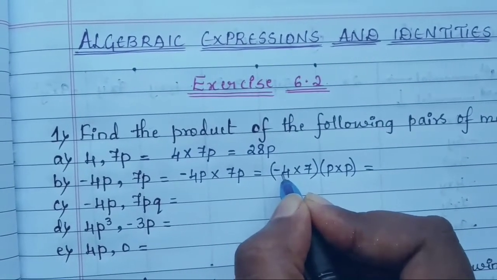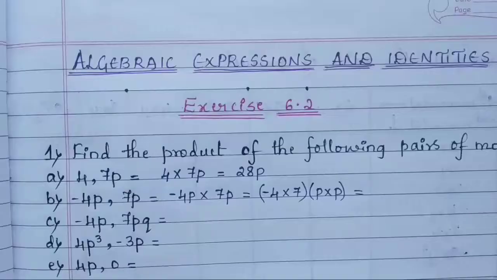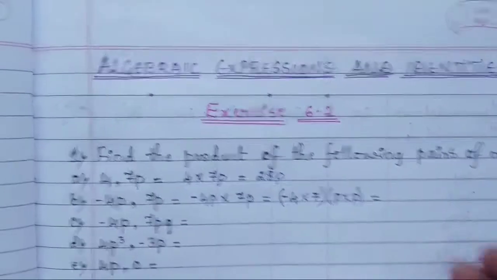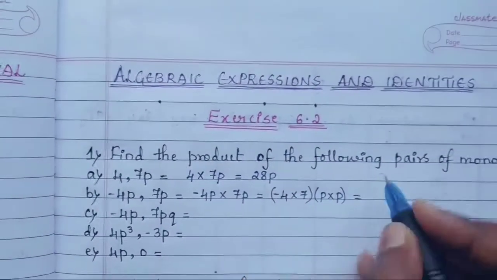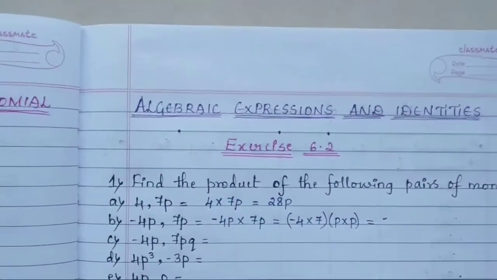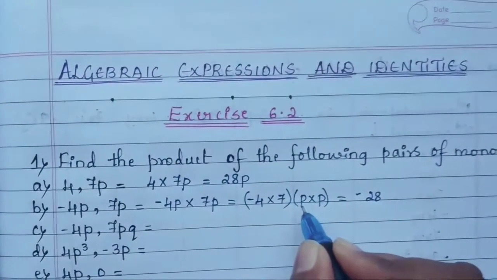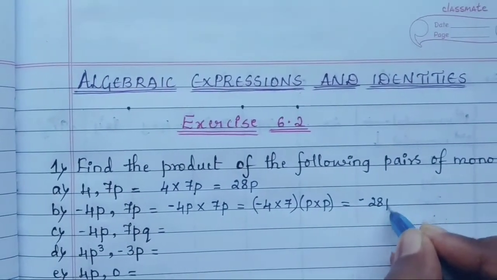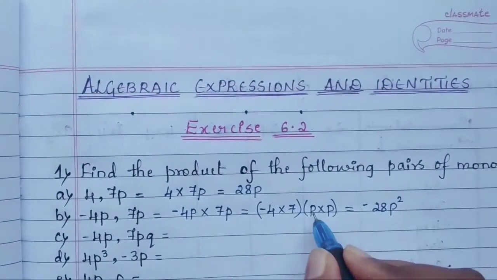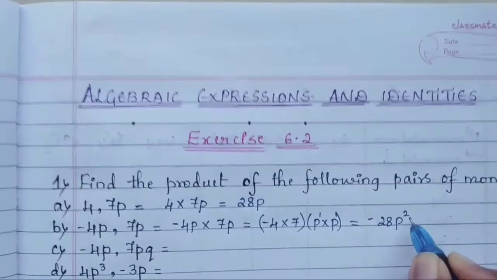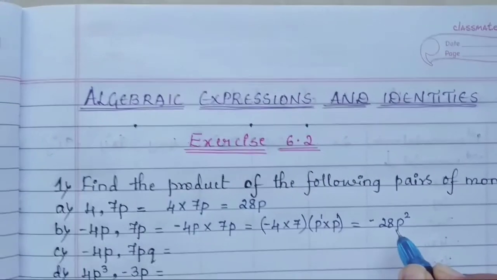Minus 4 into 7 is nothing but minus 28, and p into p is nothing but p square. When we multiply this, the powers of both the p's will get added up. We will get minus 28 p square.